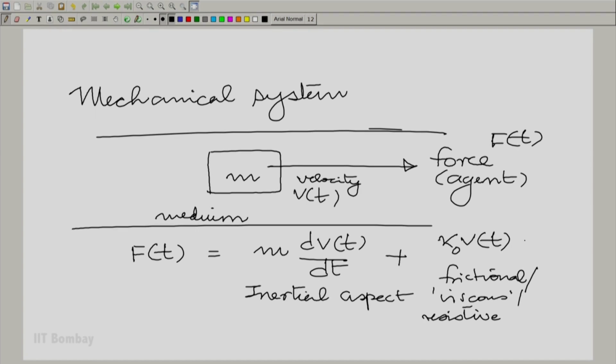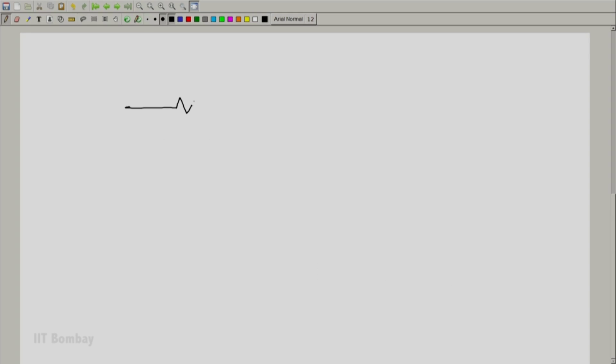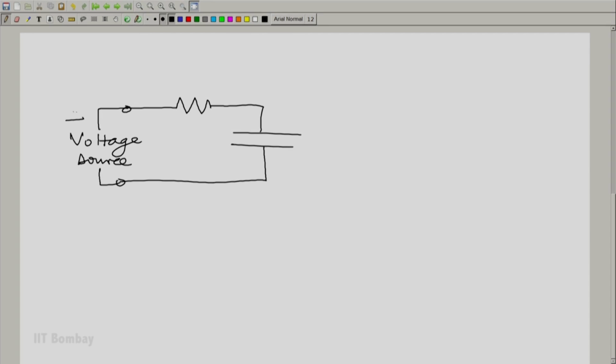Now, let us keep this equation in mind and let us draw another electrical system with a capacitance and a resistance. We have a resistance and a capacitance connected in series and a voltage source placed here to excite them. So, here of course, let us assume the capacitor voltage to be Vc(t) and the capacitance itself to have value C and a resistance in series to have the value R. We know what the current in the circuit is.